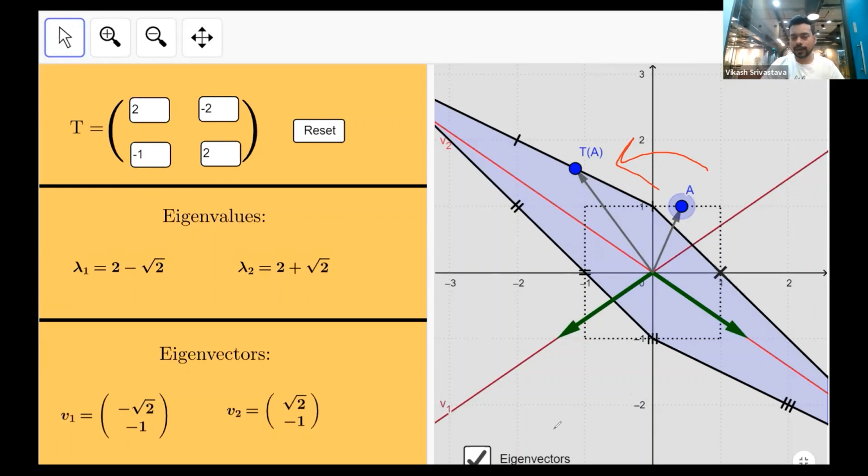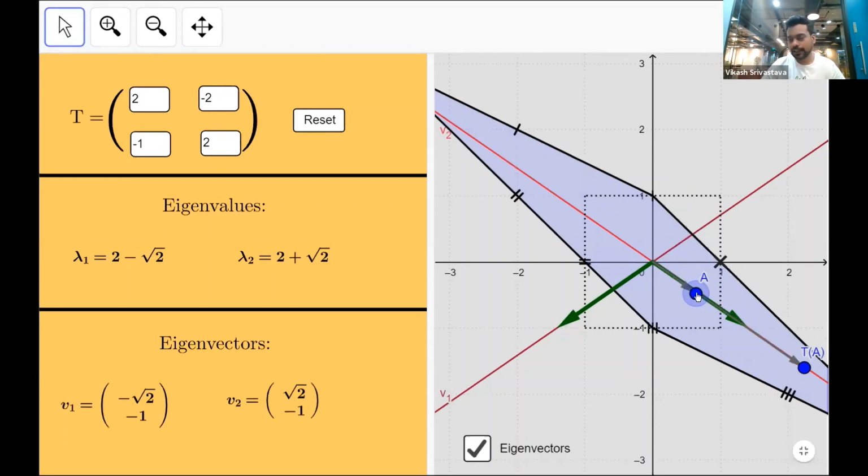But for these green vectors, if I place A here, my transformed vector is just getting scaled or squeezed. In this particular case it's getting stretched, but in this case my transformed vector is getting squeezed.